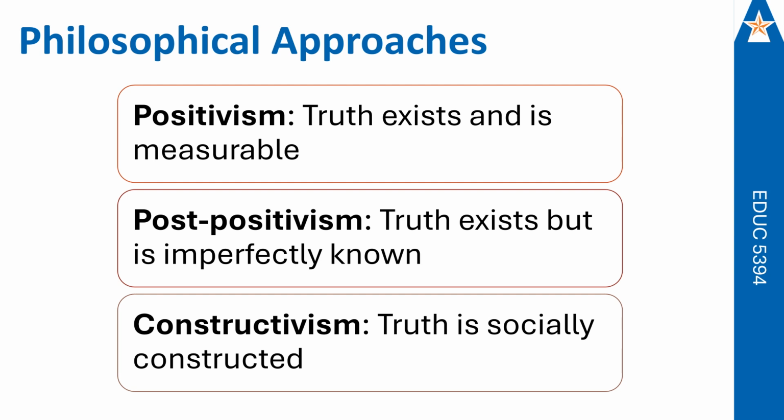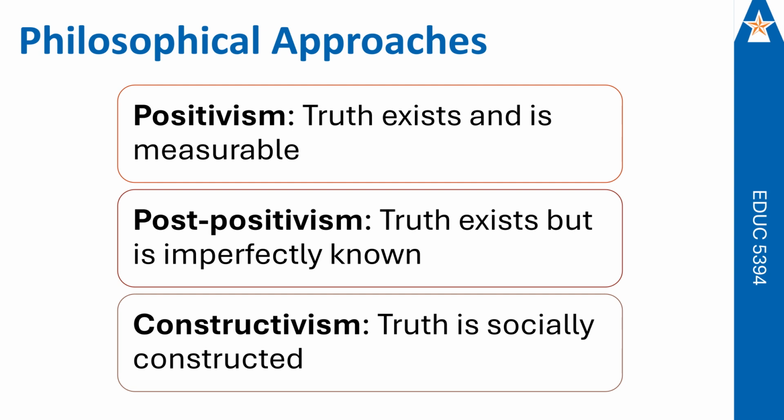This section in the chapter explains the philosophical assumptions behind research, especially ideas about truth and how we come to know it. It introduces positivism and post-positivism, which both assume that an objective reality exists, but they differ in how certain we can be about fully knowing it.